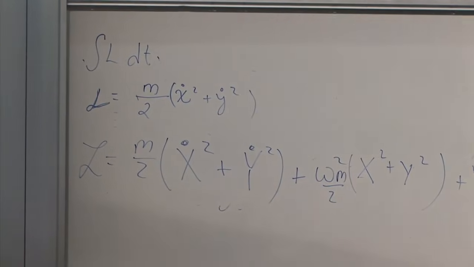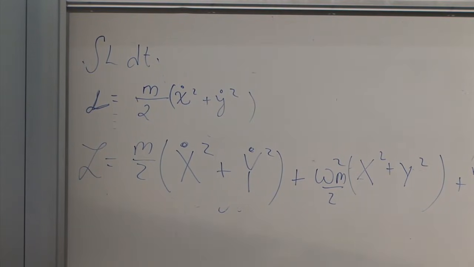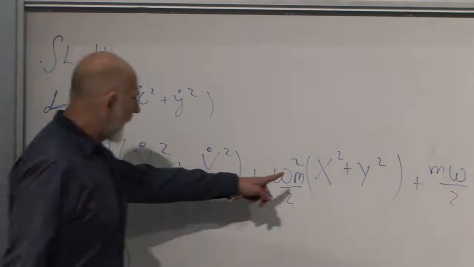Now let's forget for a moment this term over here and look at this term. This has the look of a potential energy. It's a function of x and y.